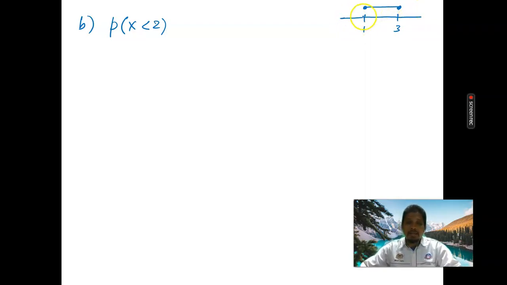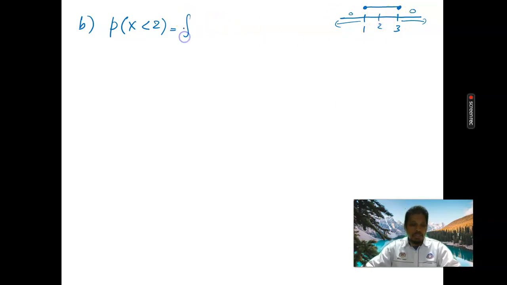And then the rest of this, from negative infinity until 1 and 3 to positive infinity, is all 0. So just imagine for this one here now, from 1 up to 3, there is 2 here.